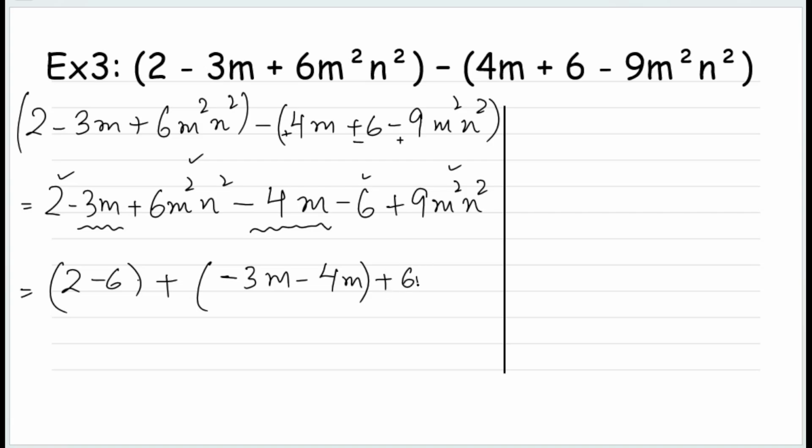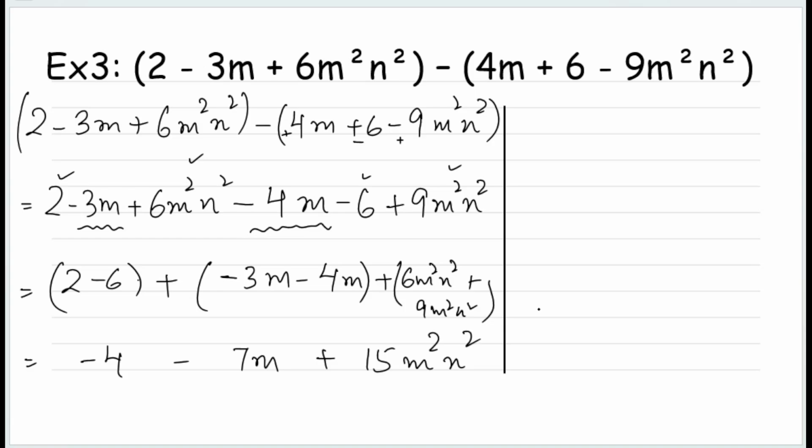So let's combine them. 6m square n square plus 9m square n square, and so 2 minus 6 negative 4 plus minus 3 minus 4 minus 7m. So no need to put this plus sign. I can directly put as minus 7m plus 6 plus 9 is 15m square n square, and this is our answer.